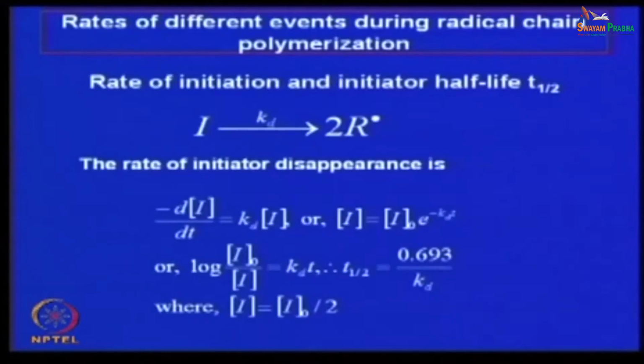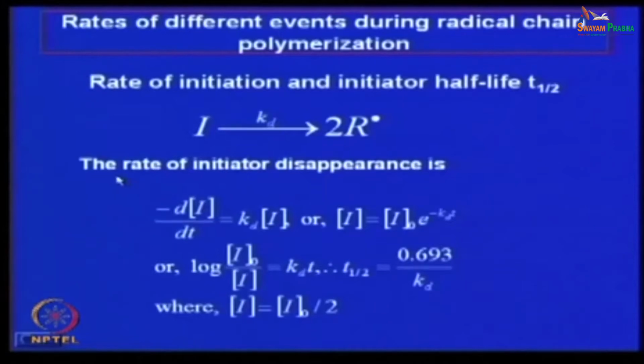You know what is half life of initiator? That means the time required for 50% decomposition of the initiator. You have seen one initiator molecule decomposes to form two free radicals, and the decomposition rate constant is designated by Kd.